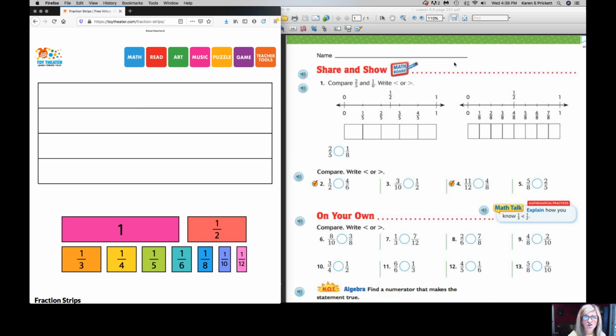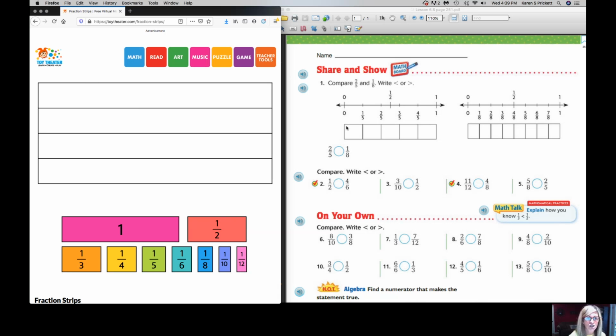Okay, so in the share and show activity on page 251, number 1 says compare 2/5 and 1/8, and they've given you a number line with benchmarks that show 0, 1/2, and 1. And then they have made fraction strips here at the bottom for you. This one is divided into fifths, and this one is divided into eighths, because our first fraction is 2/5.